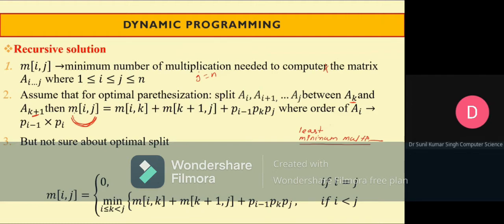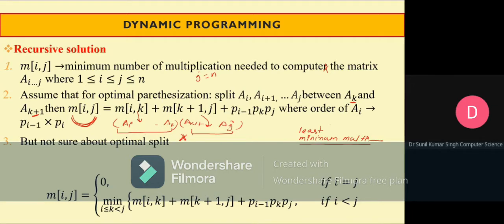If we are going to find the value of Mij, that means Ai to Aj, and Ak plus 1 split here. k can vary, already I have explained. Now you have to calculate the required multiplications for this one, that is Mik, and then the required number of multiplications for this one, that is Mk plus 1 j, and then the multiplication of these two.